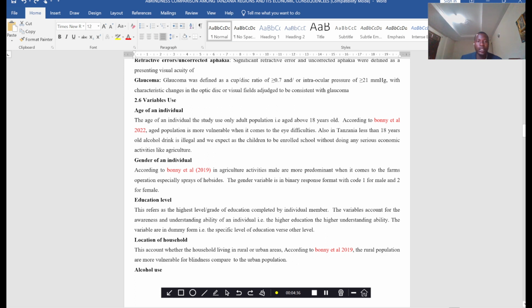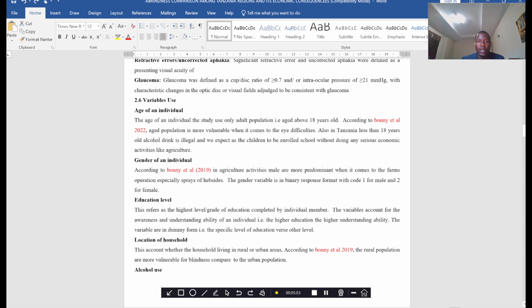On the age of an individual, I want to give you the reason we intended to select it. Those variables are selected based on literature review, and these are a few explanations of why age is our variable of interest.